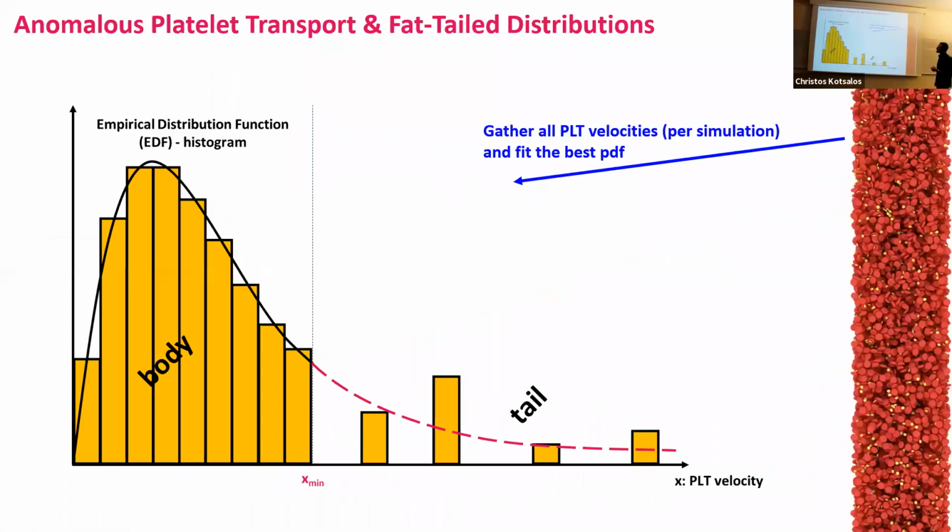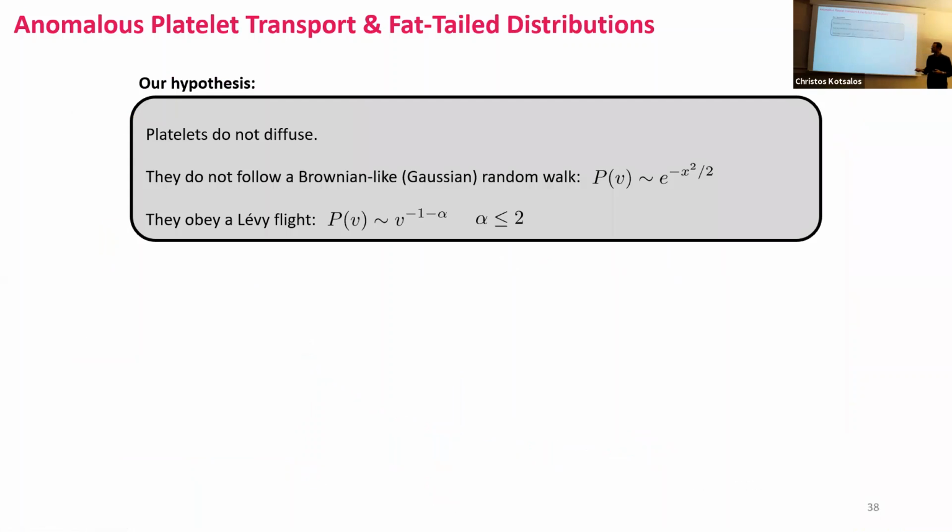So then, in every simulation that we ran, here we have our computational domain with the platelets and the red blood cells. We gathered all the platelet velocities per simulation, plotted the histogram of the velocities, and tried to fit a power law on the tail of the distribution. Our initial hypothesis is that they follow a Levy flight with an exponent less than or equal to 2.